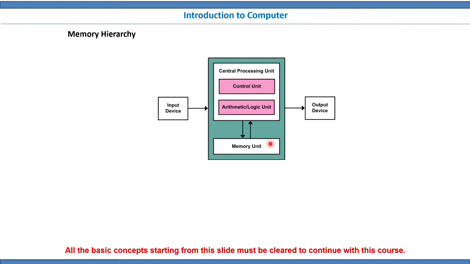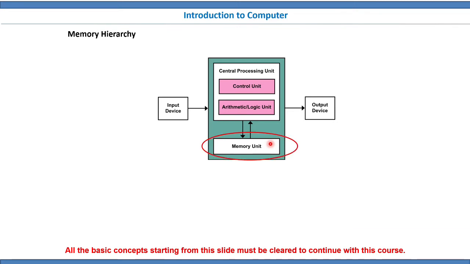Also, all the parameters that I have explained, for example CPU time, CPI, IPC, are important for this course. Other points I mentioned, such as instruction set and pipelining, are important but not very, very essential for this course. Okay, so from this slide we'll start with the memory unit.